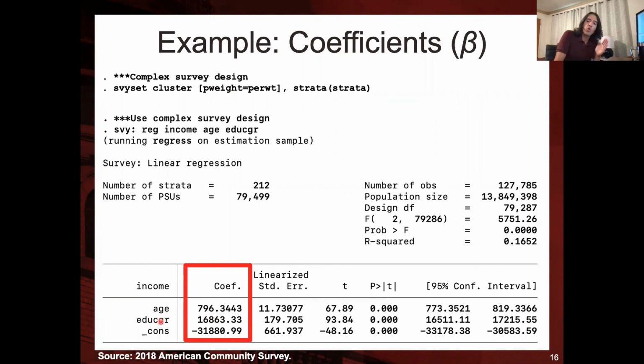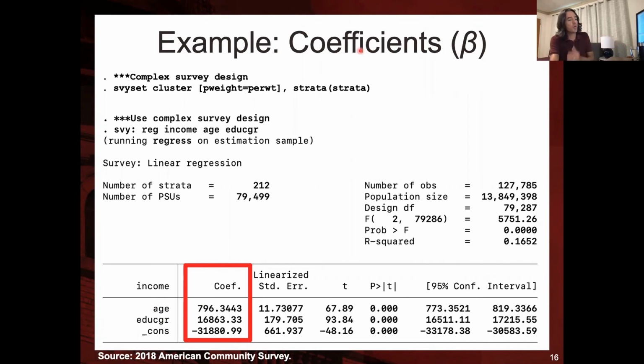If I move from one education group to the next one above it, I increase on average the earnings of these individuals by $16,863, controlling for age, right? So that's the interpretation of the coefficients. That's beta 1, that's beta 2, and that's beta 0, right? So here I'm just focusing on the coefficients now.